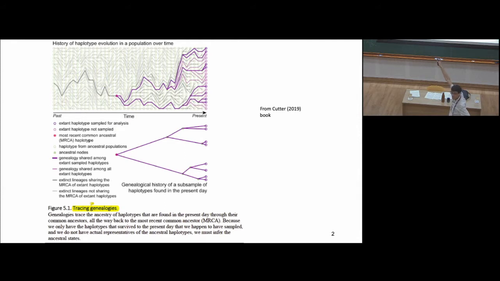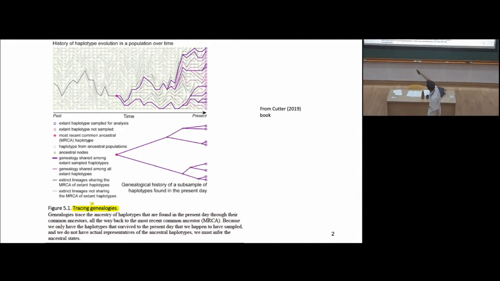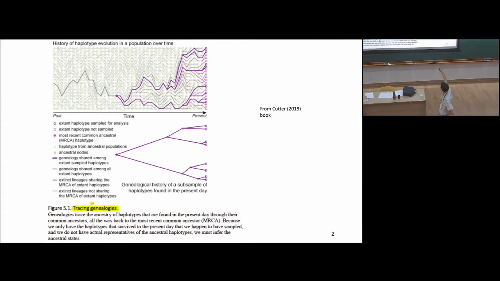So here's a version of the genetic drift game played on its side rather than vertically, going from the past to the future. I really like this figure. This is from a nice primer textbook on molecular population genetics by my colleague Asher Cutter.